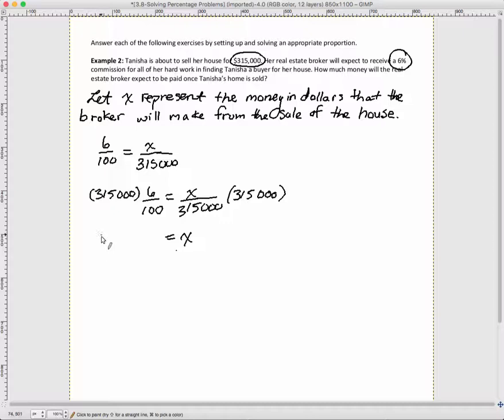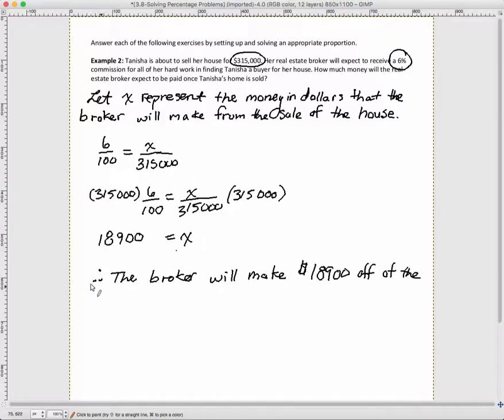If we calculate that out, it becomes 18,900, which tells us, therefore, the broker will make $18,900 off of the sale of the house, which is not a bad chunk of cash for selling a house.